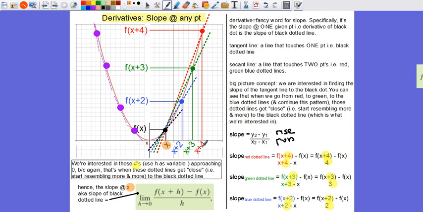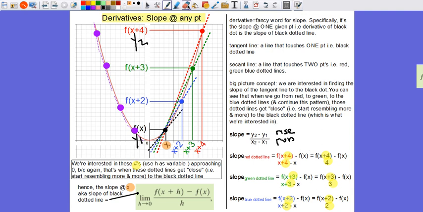So if you were to find the slope of the red, you would do this. The slope of the red dotted line would be y sub 2 minus y sub 1, which is this minus that. Ignore the yellow highlights for now.